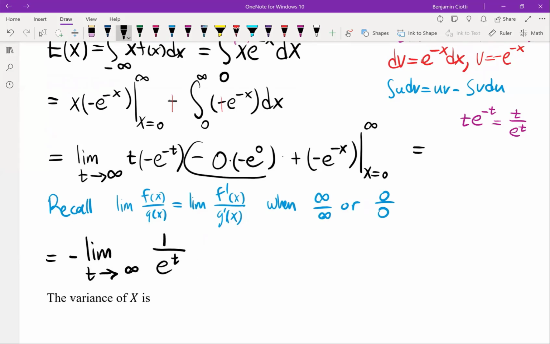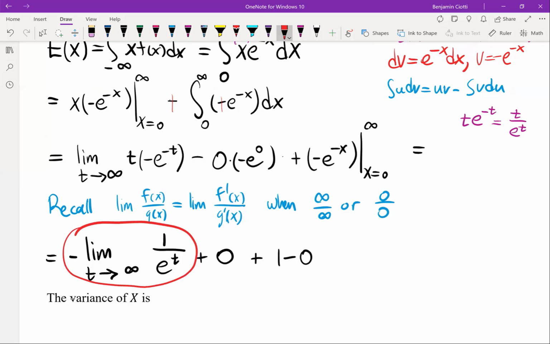Okay, let's see. And then for the next term, that's 0 times e to the 0, which is just 0. And then for the next term, in fact, I already did this evaluation in the last problem. That ended up being 1 minus 0, which is just 1. Okay, for the first term, now you can see that this term is e to the negative t.